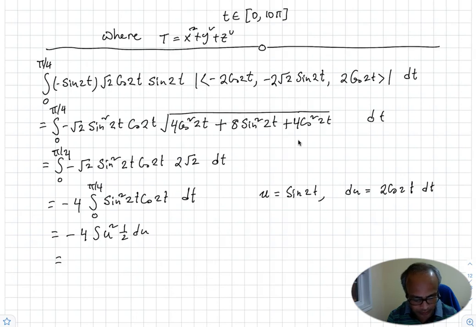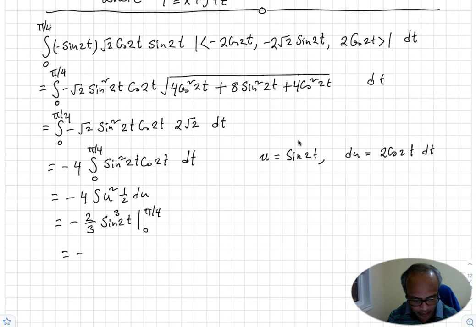Okay. So the integration will be now, you can simplify 4 divided by 2, which is 2, and then u squared antiderivative is 1/3 u cubed, and u is sine 2t, which is cubed, from 0 to pi by 4, negative 2 over 3, and sine cubed 2t, because t is pi by 4, so 2t is pi by 2.